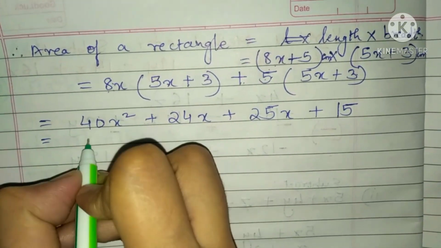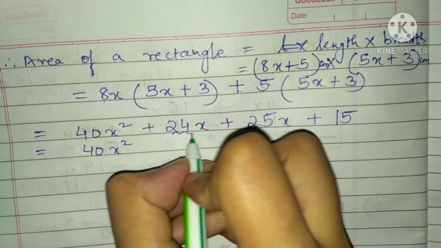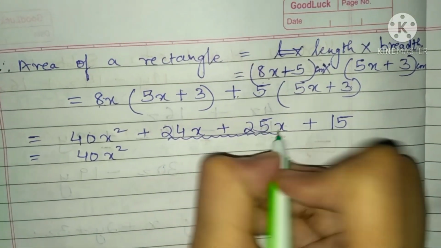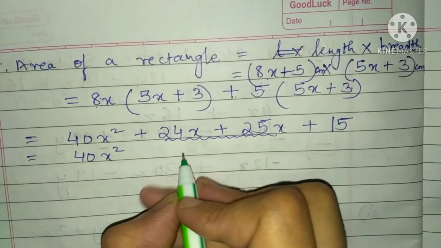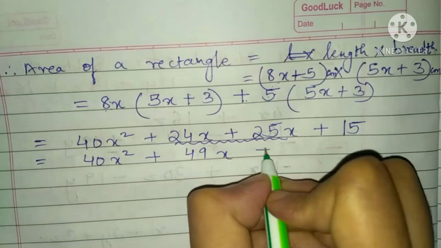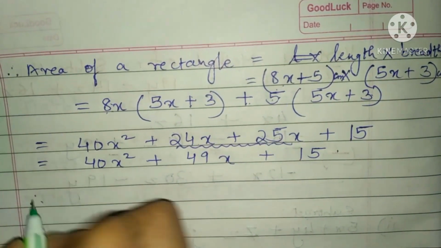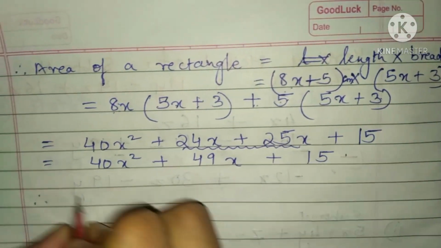So just you have to open up the bracket now. Now you will collect the like terms. See, 24x and 25x are like terms, so you can add them. 24x plus 25x becomes 49x plus 15. So this is your final answer.